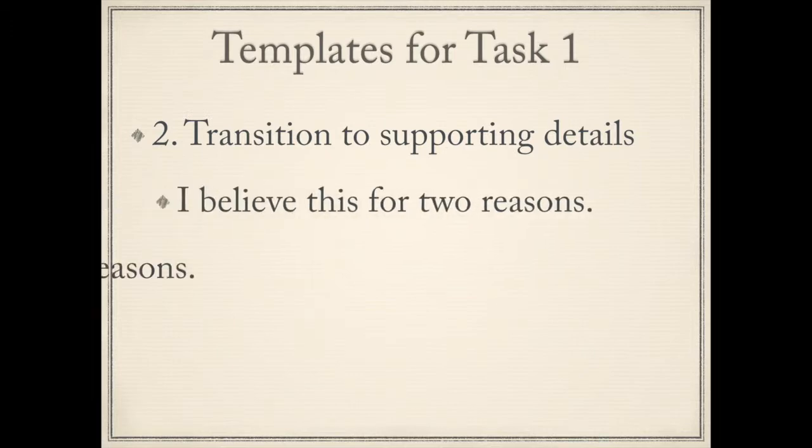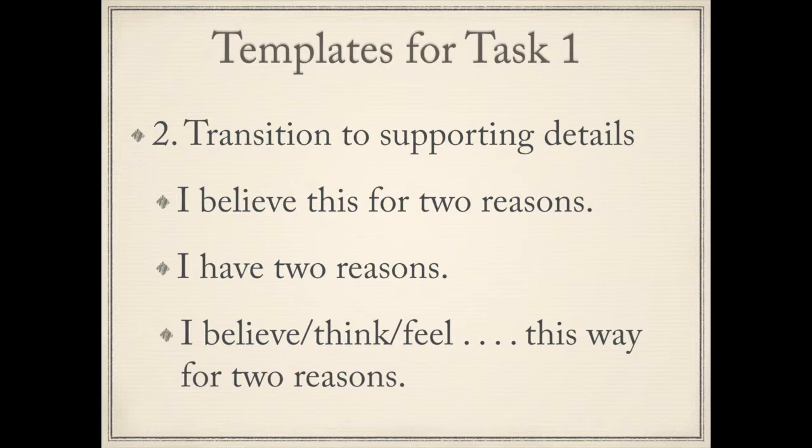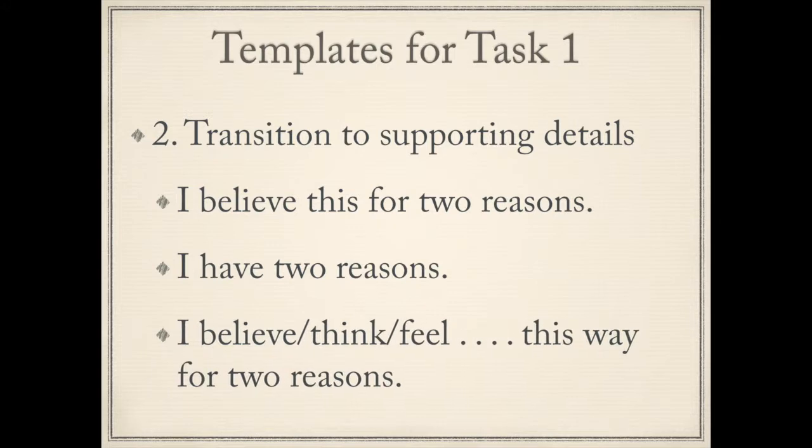And then transition. When you transition, say, I believe this for 2 reasons, or I have 2 reasons, or I believe or think or feel about this, etc. Or I believe this way for 2 reasons, etc. Different ways. But make sure you have this transition built into your response, because it can give you a moment to prepare your thoughts, but also it highlights that you know where you're headed.